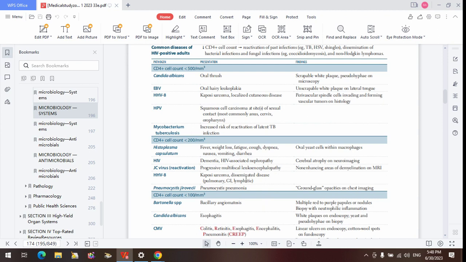So are you saying it's the same thing as FSGS? No, the type of nephropathy in HIV is FSGS. Exactly. It's going to cause focal segmental glomerulosclerosis of the vessels.